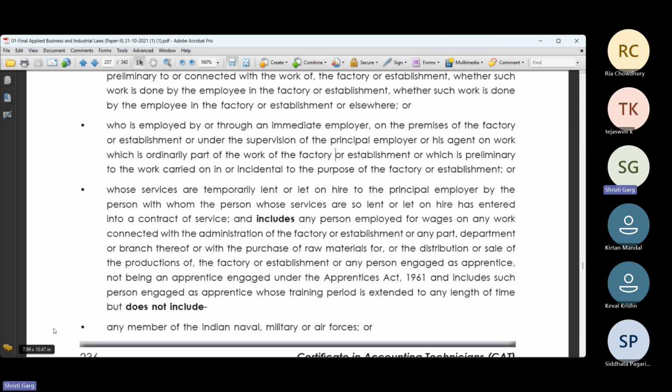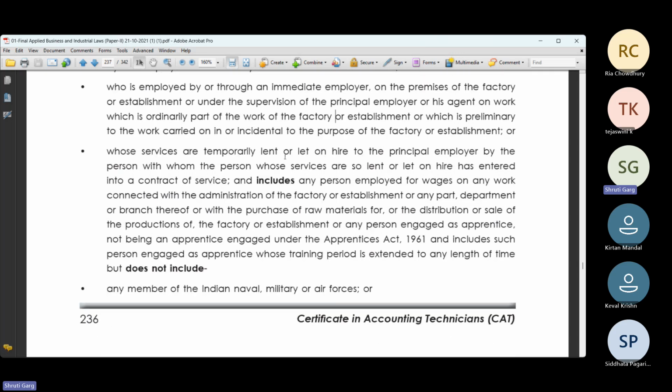Number 3, that employee will also be covered whose services are temporarily lent or let on hire, temporary employee. Clear? To the principal employer by the person with whom the person whose services are so lent or let on hire has entered into a contract of service.